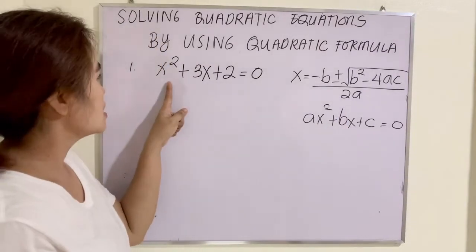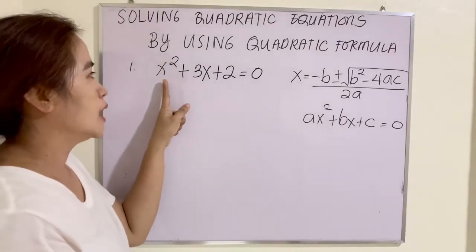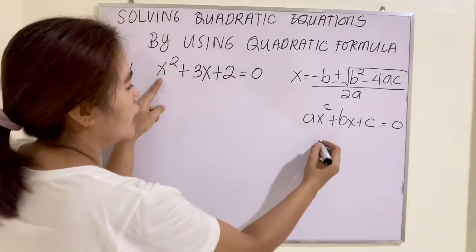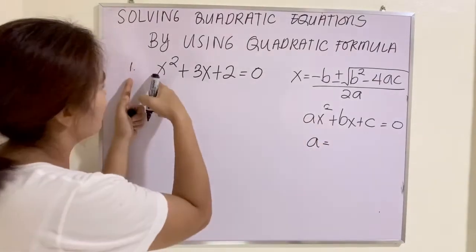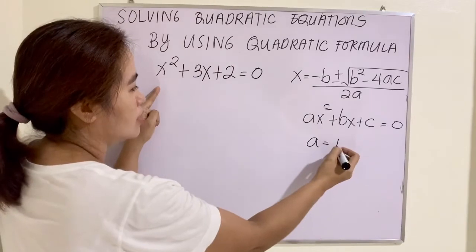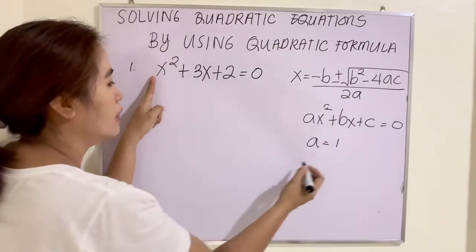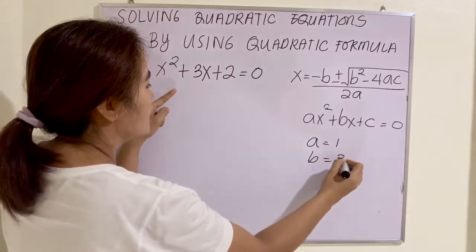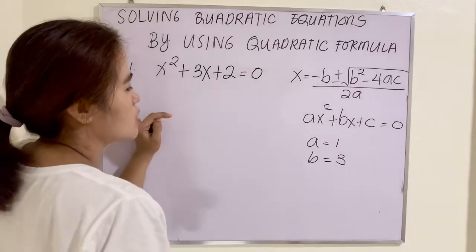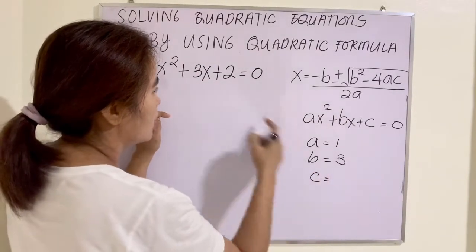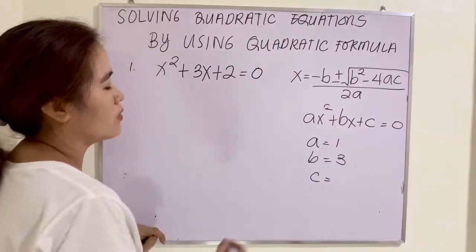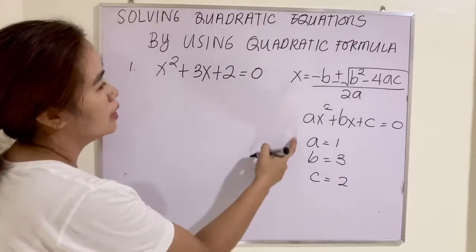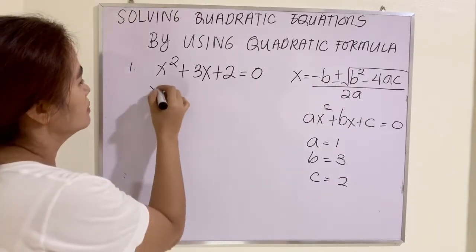In this case, it is already in standard form, in which a is 1, since if there is no numerical coefficient, it is understood to be 1. b is 3, the numerical coefficient of x. And c is the constant, the one that has no variable, which is 2. You are now ready to apply the formula.